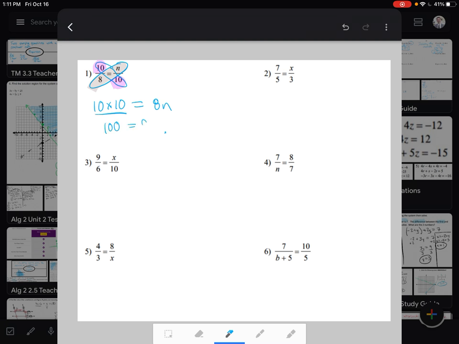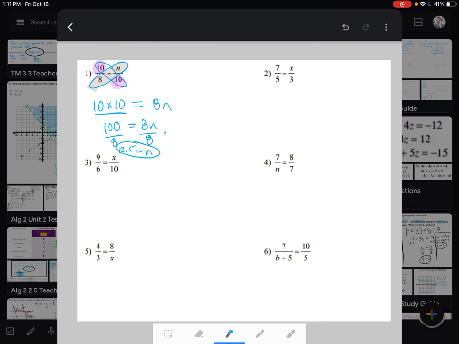Now we can go through and solve. We'll get 100 on the left, 8n on the right side, divide both sides by 8, and we'll get to the answer n equals, and let's get the full decimal so we can calculate for sure, 100 divided by 8 gets us an answer of 12.5. Let's double check here.